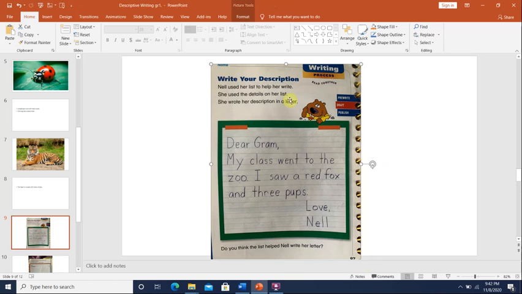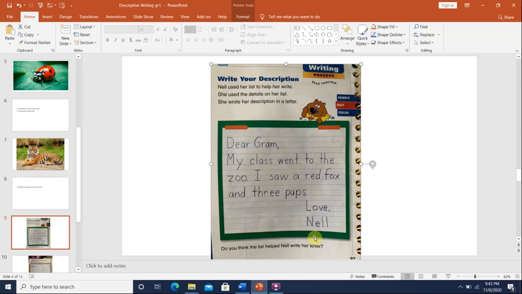As you see here, this is a letter. A letter is a writing that you write to someone and you send it. Again, what is a letter? A letter is a writing, something that you write to someone and you send it.